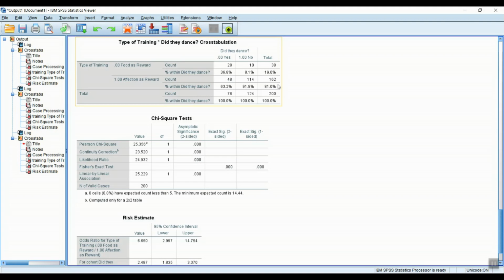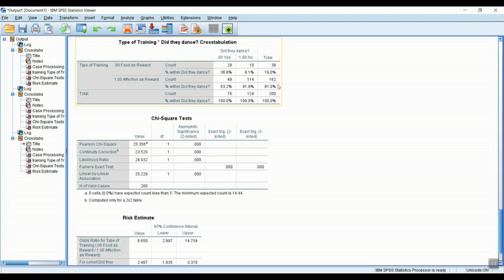So given these results, we can estimate that a cat rewarded with food is 2.49 times as likely to dance. In other words, that represents an increase of 149%, as a cat rewarded with affection, or 0.37 times likely not to dance. In other words, 63% less likely to dance.